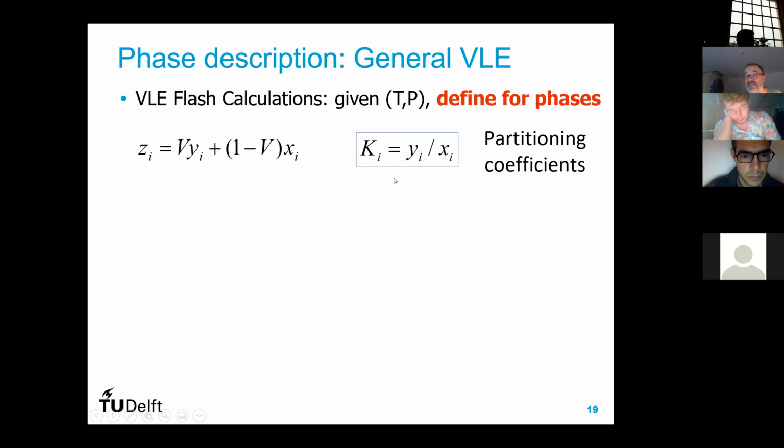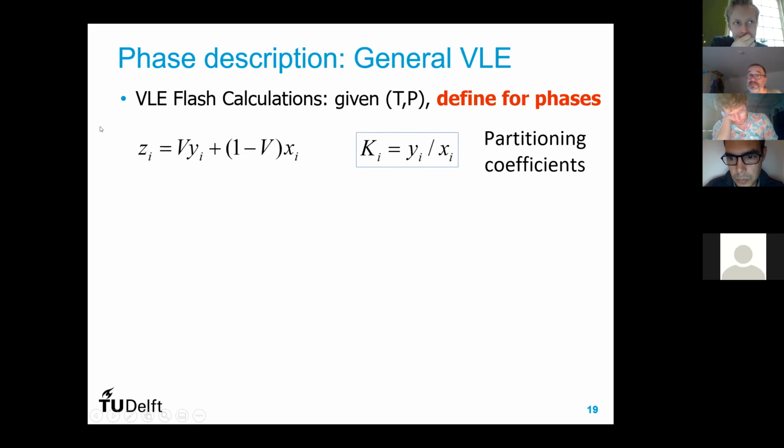Let's say if you have a very light component, then the K value will be much bigger than 1, because most of the molecules will go to the vapor phase, and some of them might dissolve in the liquid phase. If you have very heavy components, then the K value will be much less than 1, because X will be larger. So this is the idea behind these partitioning coefficients, and in a lot of cases they can be represented for each component independently as a function of pressure and temperature.